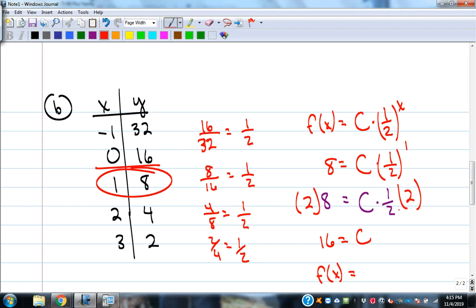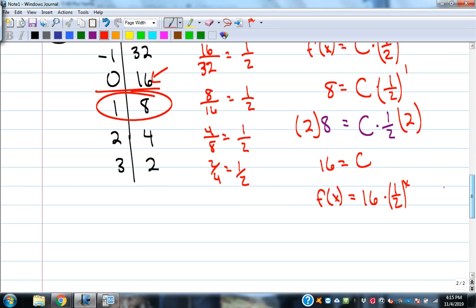If I've got that ordered pair, kind of the shortcut is that 16 would be c, but you can use any ordered pair to build your equation. So 16 times 1/2 to the x. I always just put my fractions in parentheses there.